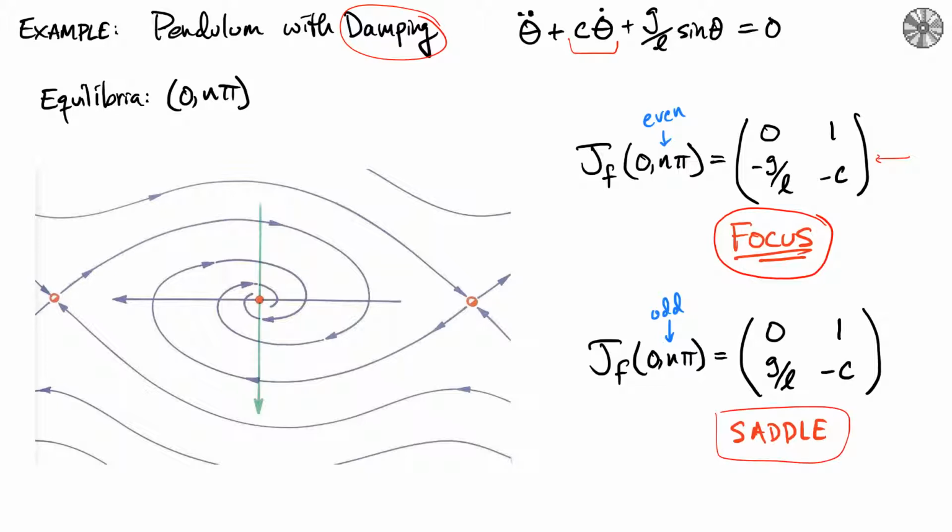And so now what was once originally a center at the origin, and around every even multiple of pi, is now actually a stable focus. Locally around here, you still have saddle points. Around here now, you have a stable focus.